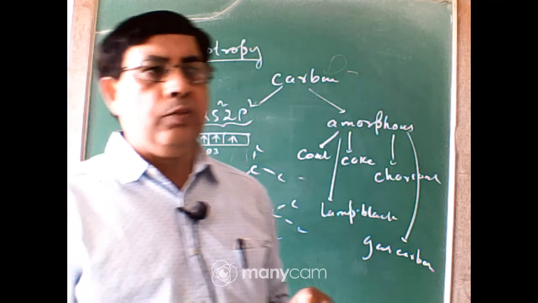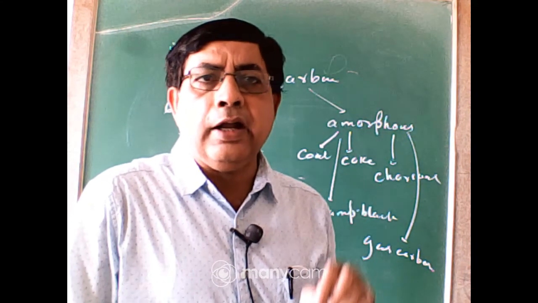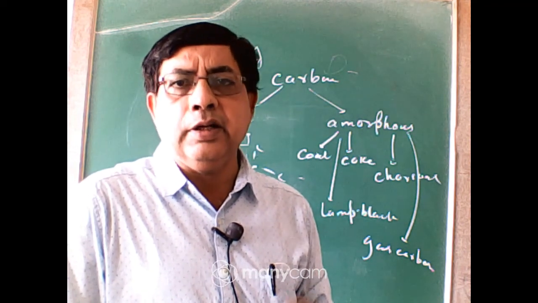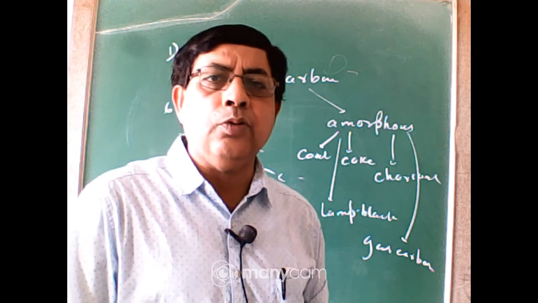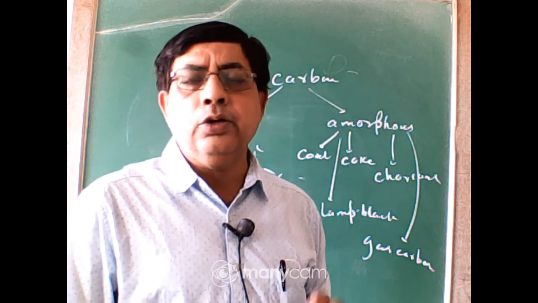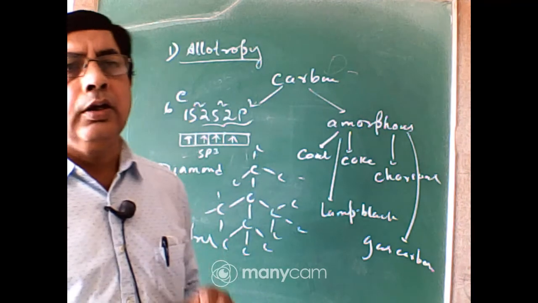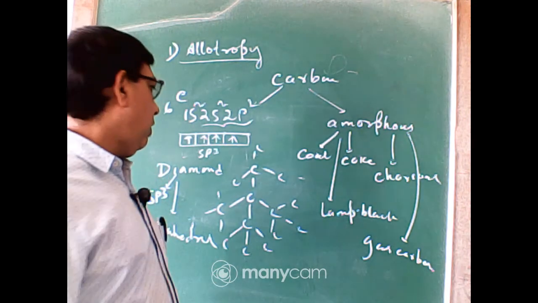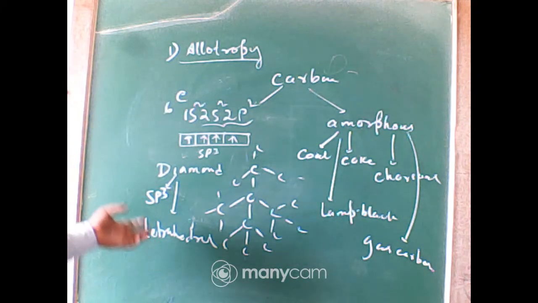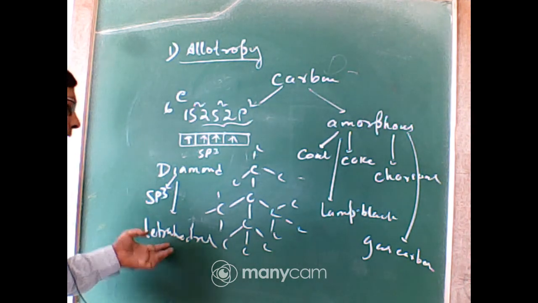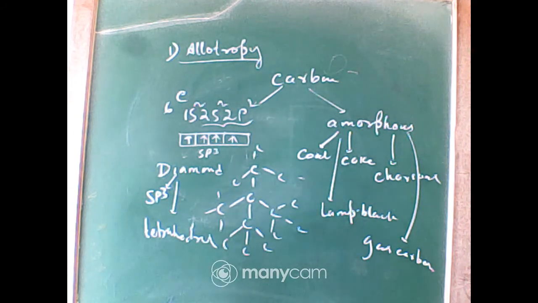Because all 4 valence electrons of carbon are involved in covalent sigma bonding with neighboring carbon atoms, so there is no free or mobile electron. What is the hybridization of carbon in diamond? sp3. And the shape? Tetrahedral.